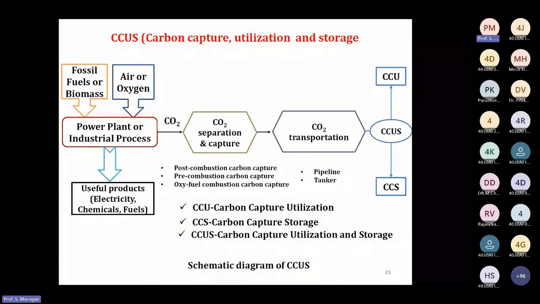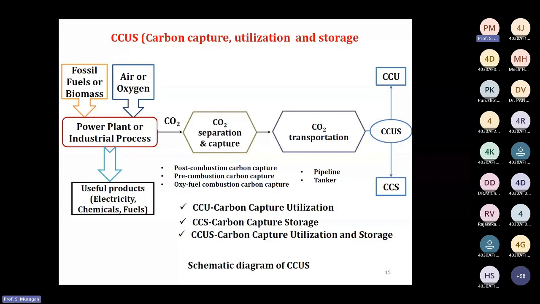Now, this CO2, first it has to be separated from a main stream of gases which are coming out from the power plant or industrial process. First, it has to be separated, and then it has to be captured by proper material or device.